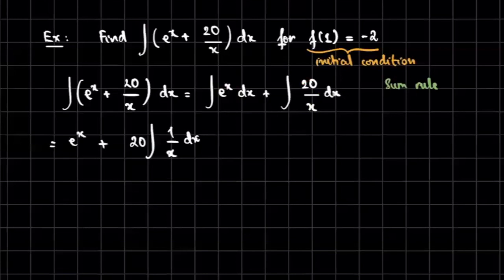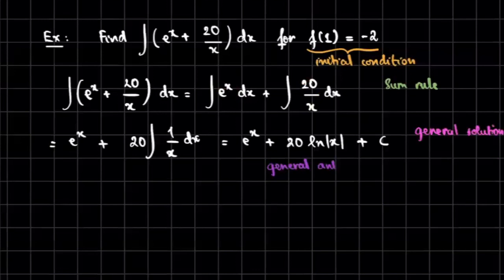There is a specific formula for the integral of 1 over x, and that is ln of absolute value of x. So you have e to the x plus 20 times ln of absolute value of x plus just one constant c at the end. So again, this is the general solution, the general antiderivative.